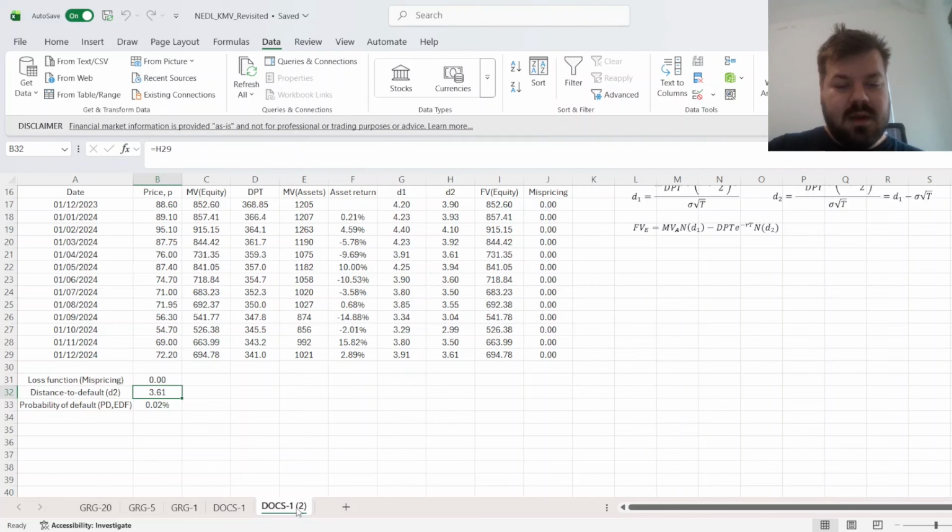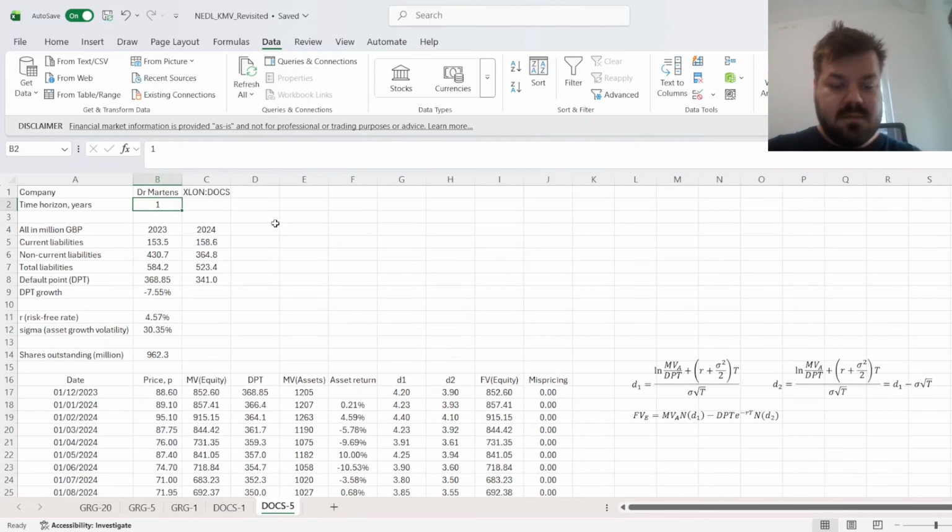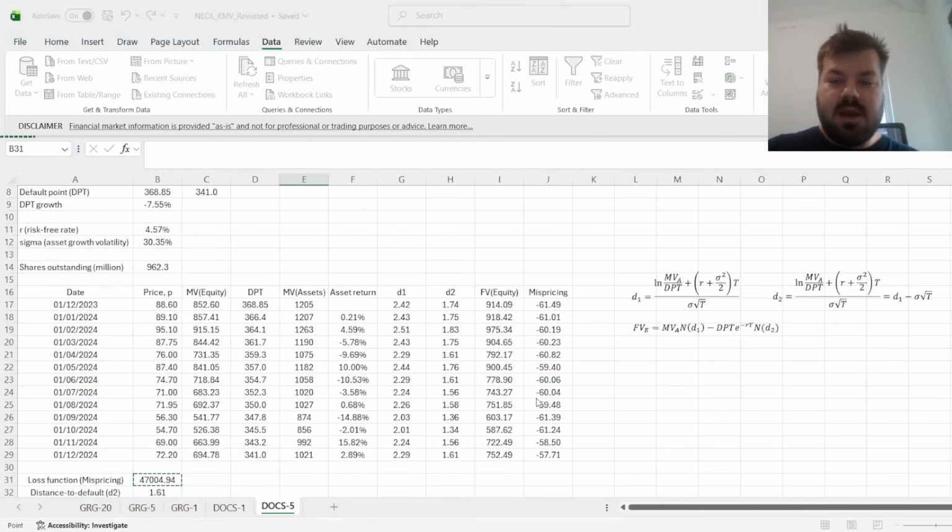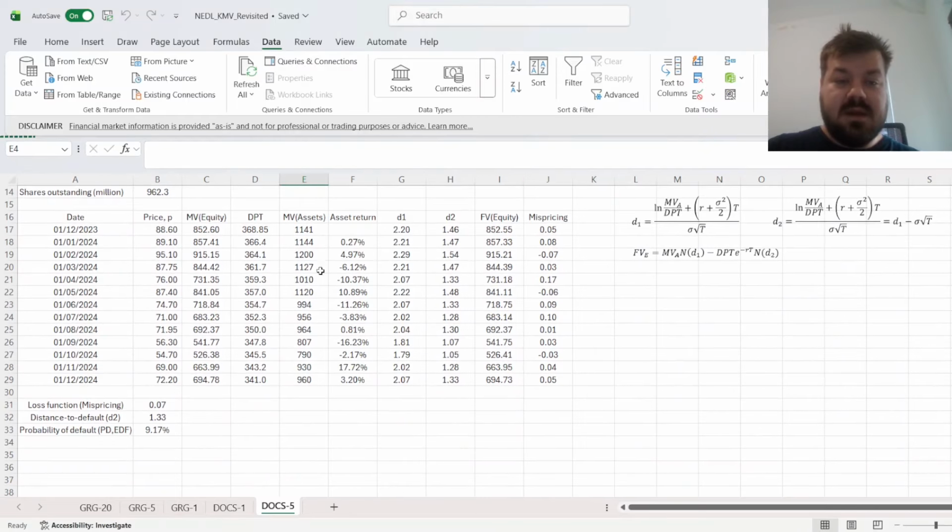And now, as we move to 5 years, for instance, we change this time horizon and run Solver. We see that here mispricings don't go to zero exactly.